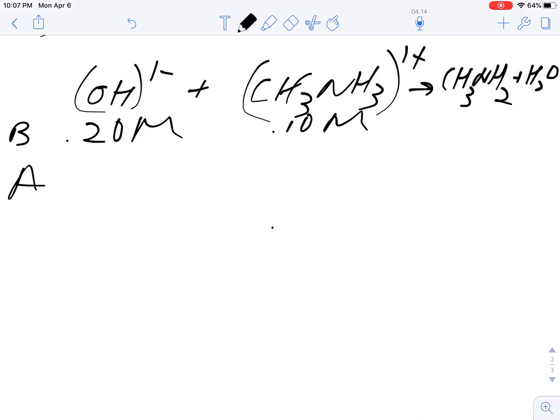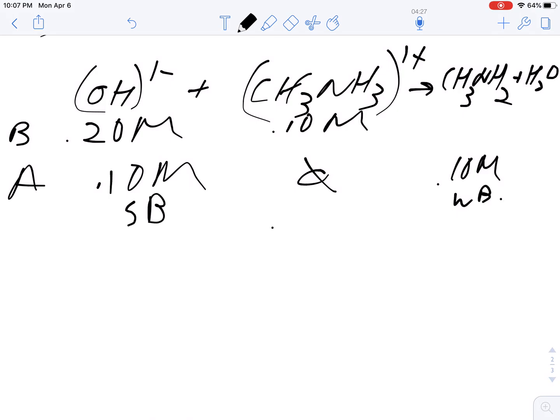So afterwards, I will have no salt again. I will have weak base, but a strong base and a weak base do not make a buffer. So not a buffer.